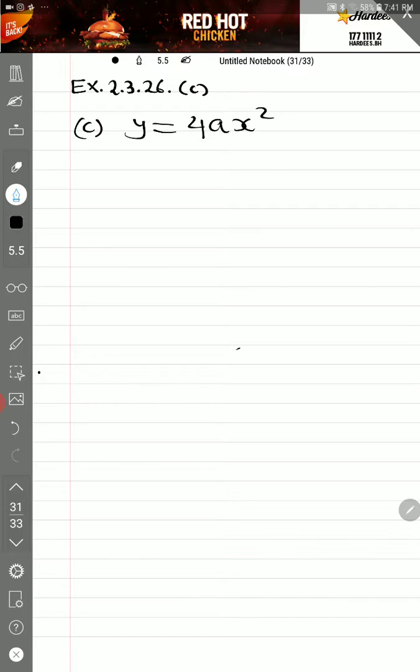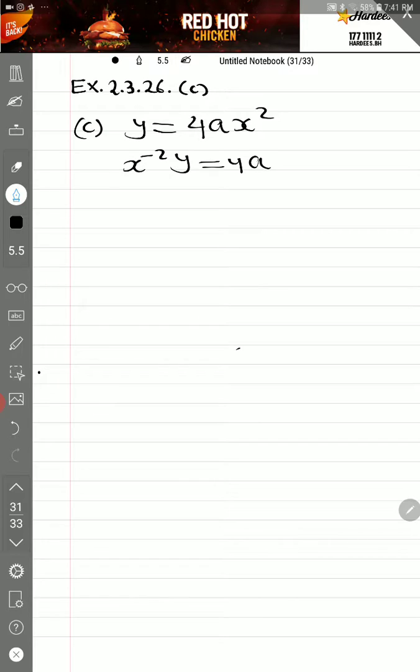When you have something like that, with A and x or y, you need to leave the A alone. So multiply by x minus 2, y equals 4A.